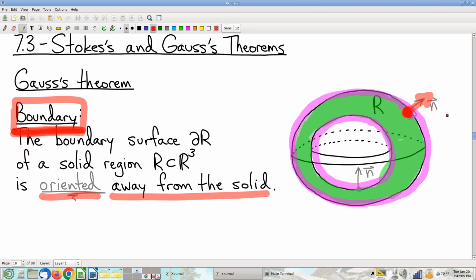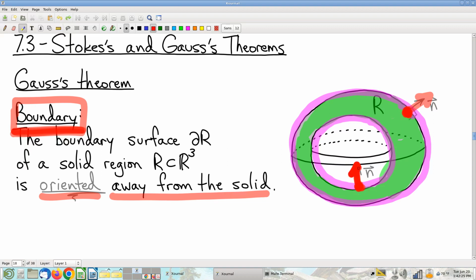And the reason why, unfortunately, is that away from the solid is not always outward. If you take this point here, if I were to go what you might call outward, if I were to go like that, that's again into the meat of the cantaloupe. That is not away from the solid, that's toward the solid.